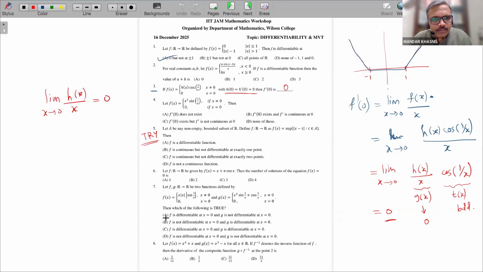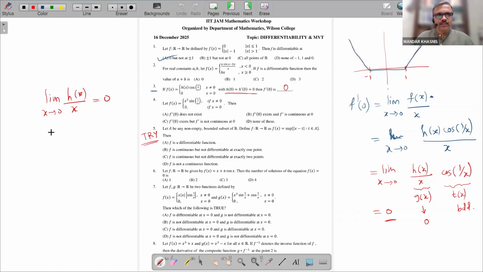So f inverse, the derivative of the composite and the derivative of f inverse. So try to work it out. Maybe this also we can discuss in the next session if you want.